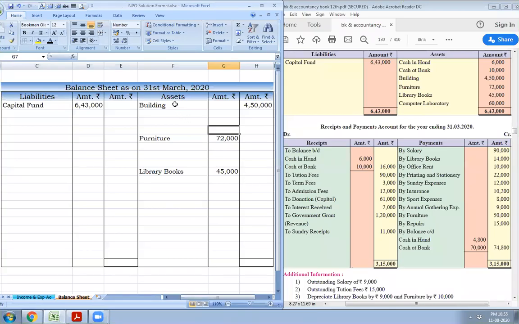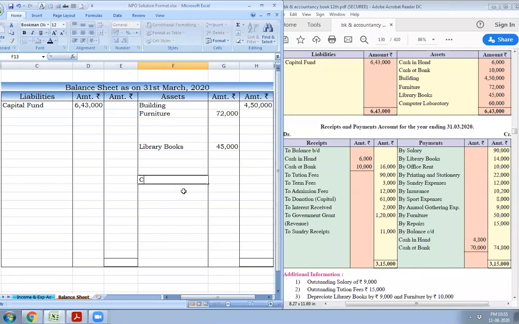As there is no adjustment on building, we will record building straight away to the outer column, and there is no need to leave any line for the adjustment. Next item is computer laboratory. Amount is 60,000.